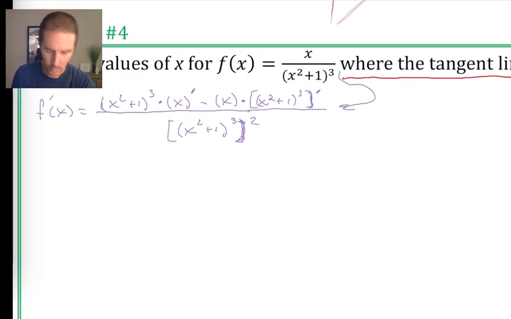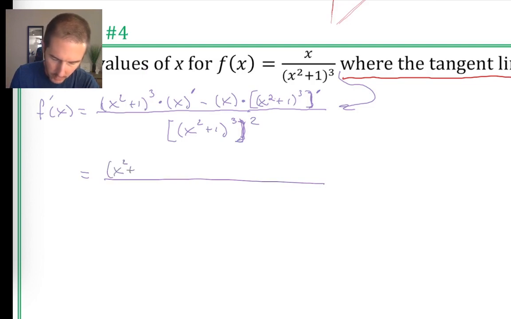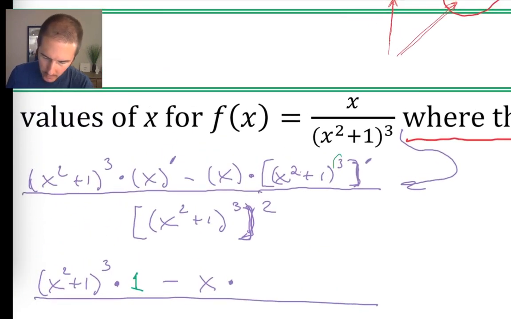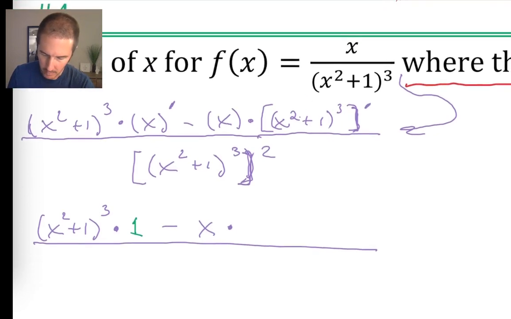Okay, so equals. This first factor is going to stay the same. X squared plus 1 all to the third times, now the derivative of x, maybe I'll switch colors to do this, and we'll say that that's equal to 1. Great. Minus the x value from the numerator times, and now we've got another derivative coming. Here's where we're going to use the chain rule. I'm going to take the exponent, multiply it out front, and then decrease that exponent by 1, leaving my inner function the same.